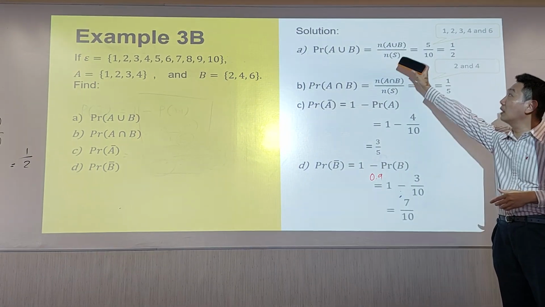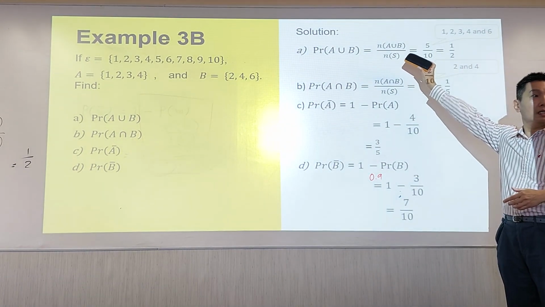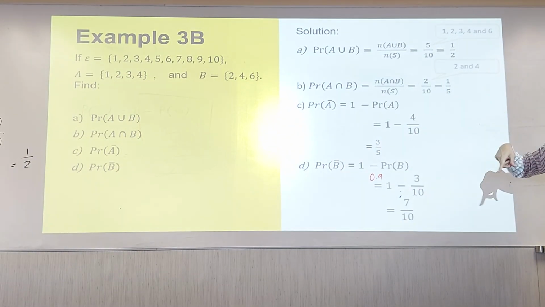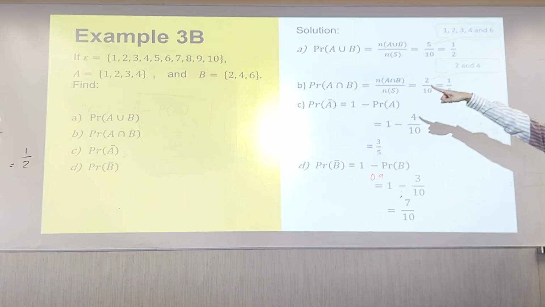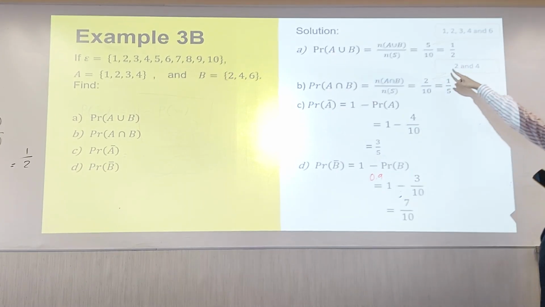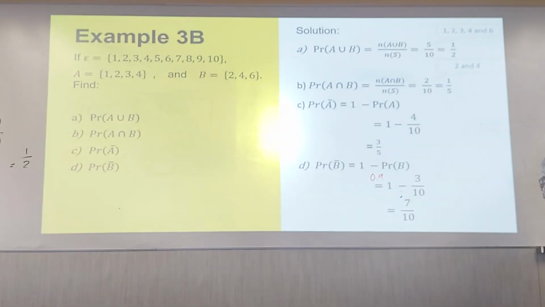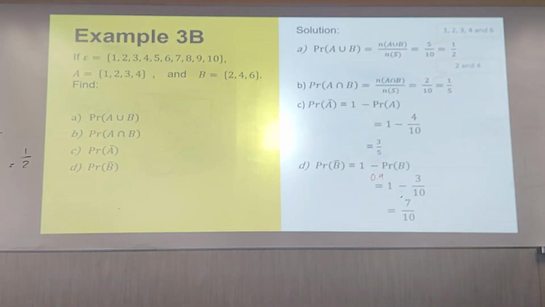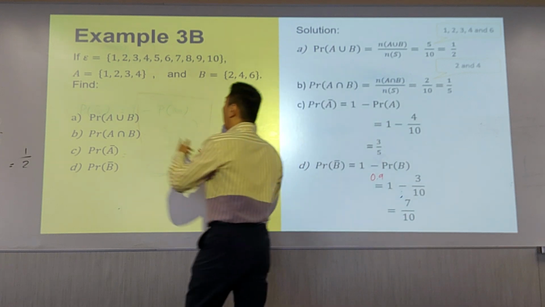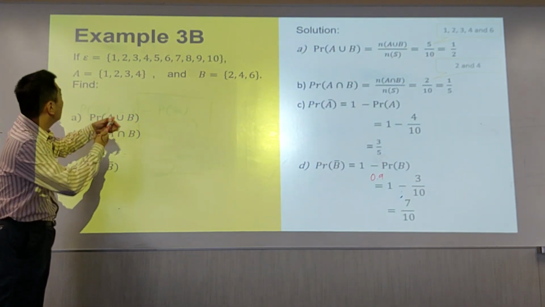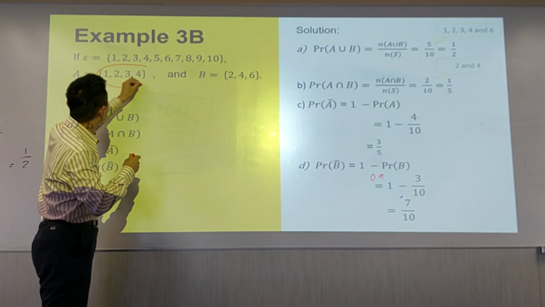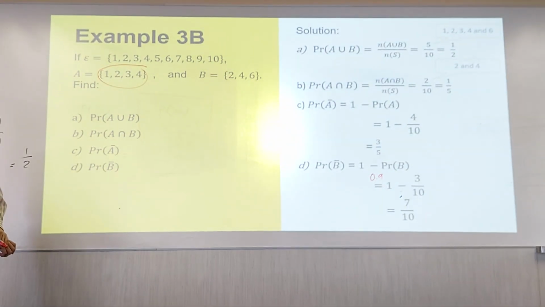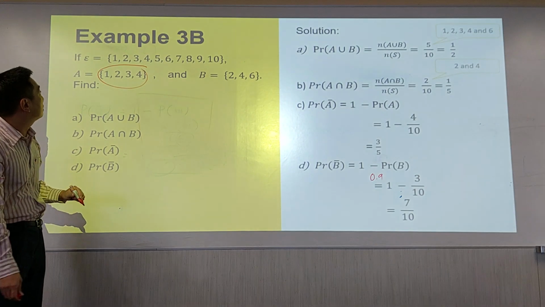The formula is the number of elements in A union B divided by NS. NS is easy, right? NS consists of 10 elements. For A union B, we need to check. A has these elements: 1, 2, 3, 4.